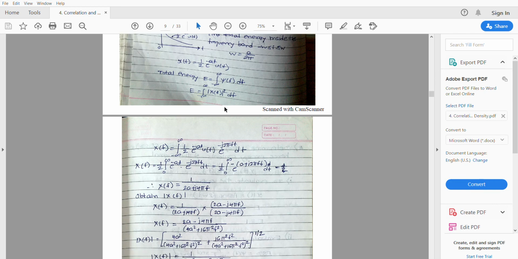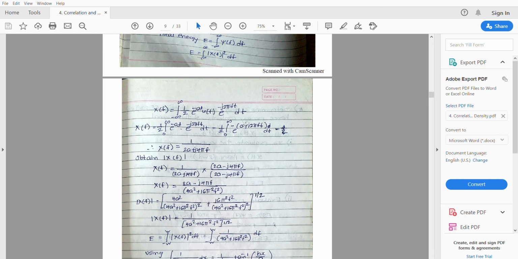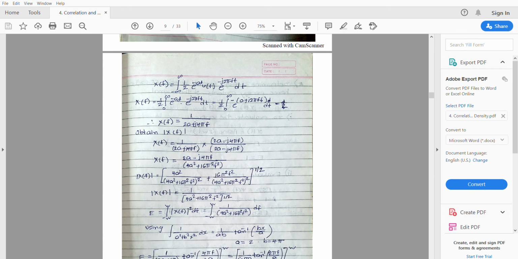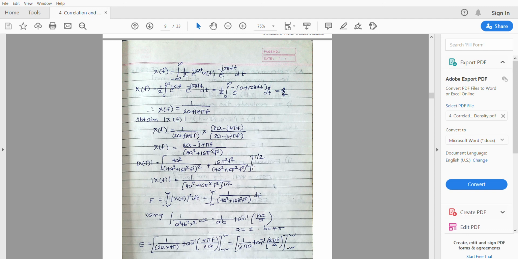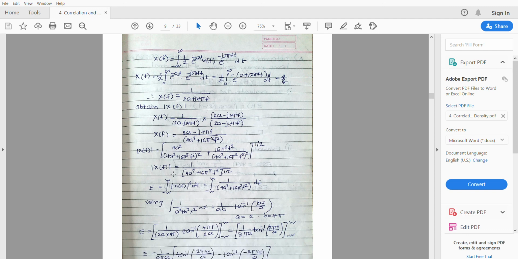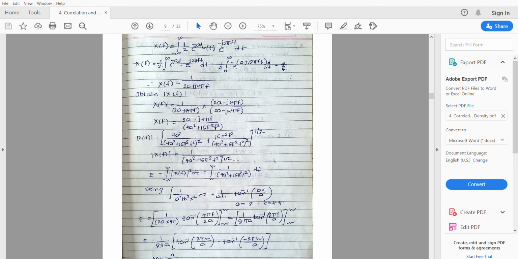So by considering that, first of all we find the Fourier transform of x of t, that is X of f. Okay, so this is the X of f. Take the real part of X of f, so we perform the rationalization. After performing rationalization, we are in a position to find the real part of |X(f)| squared. So this is |X(f)| squared.